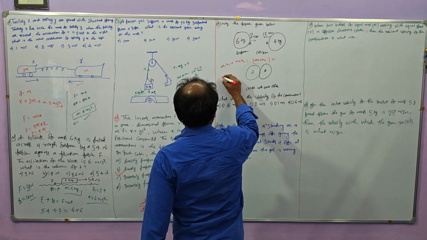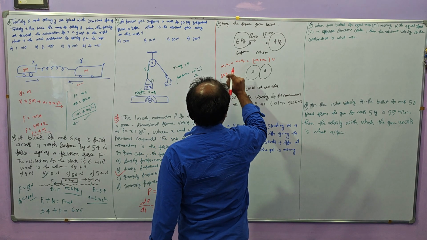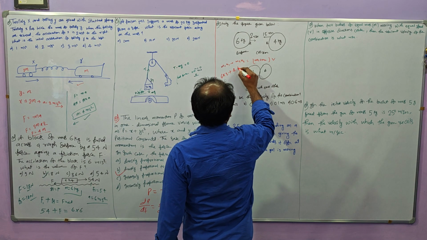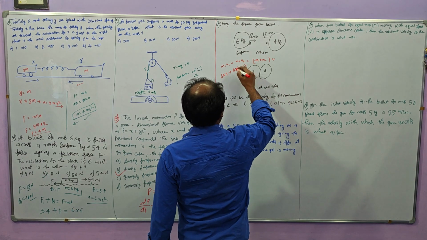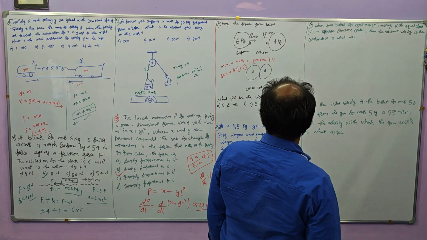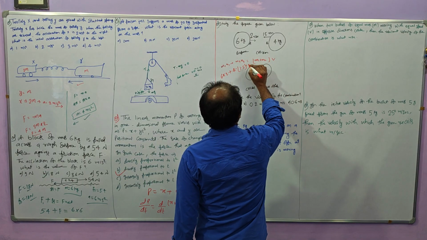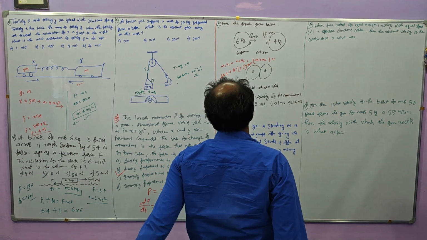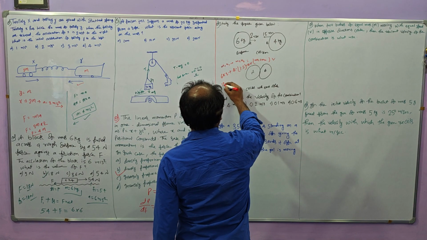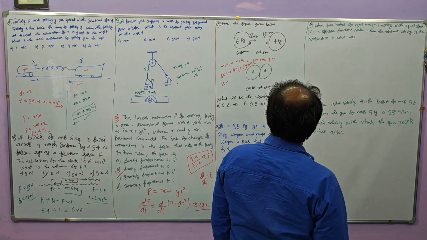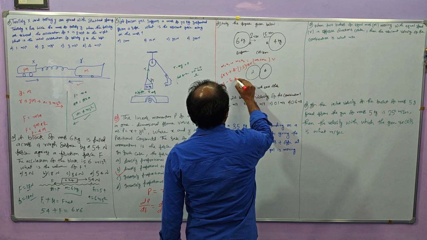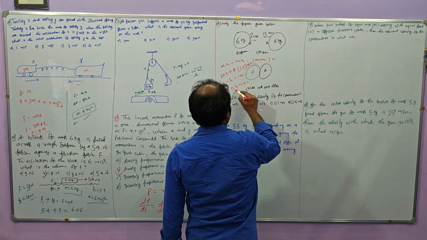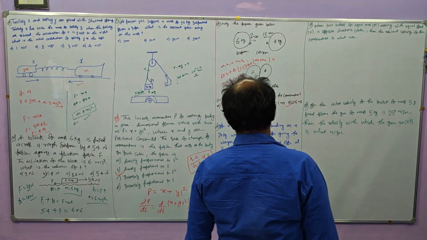Here m1 is 6 kg, so 6 into 2, plus m2 is 4 and u2 is 1.5 with a minus sign because both are in opposite directions, is equal to m1 plus m2, that is 10, into v. 6 plus 4 is 10 into v. That becomes 12 minus 6 is equal to 10 v. That becomes v is equal to 0.6 meter per second.